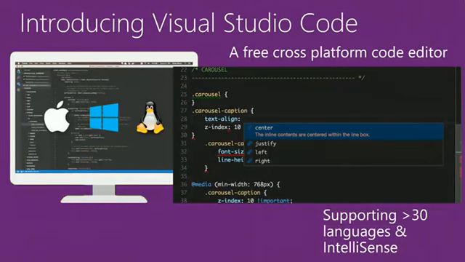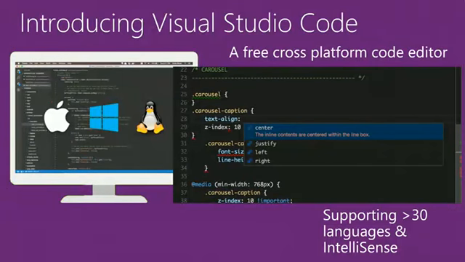And it enables, by doing that, things like syntax highlighting, but it also leverages things like IntelliSense that we're used to in the full-featured IDE to enable you to develop code very, very quickly, regardless of the platform that you're on.